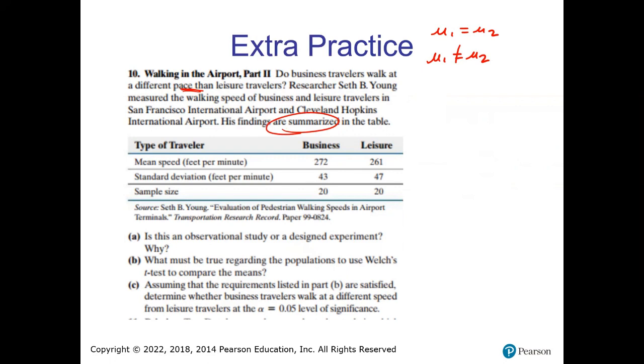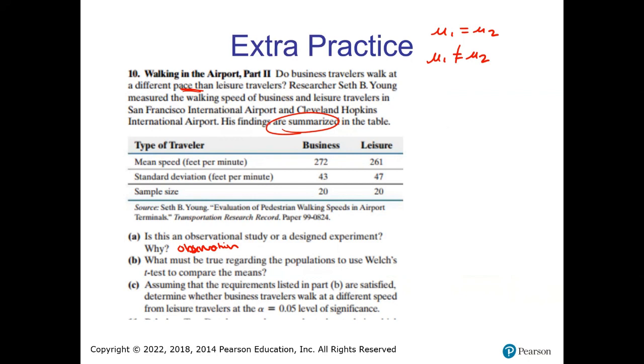Is this observational or experimental? And how do you know? It is an observation. He just observed them. He watched them. He timed them. Got their speed. What must be true regarding the populations in order to be able to do this test?